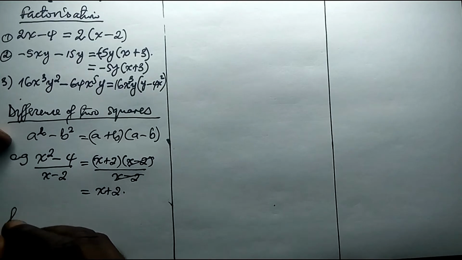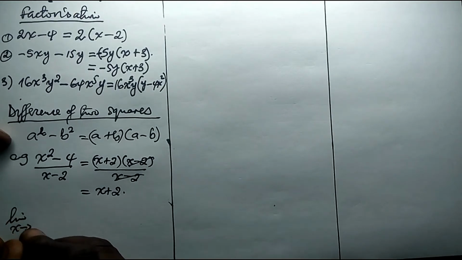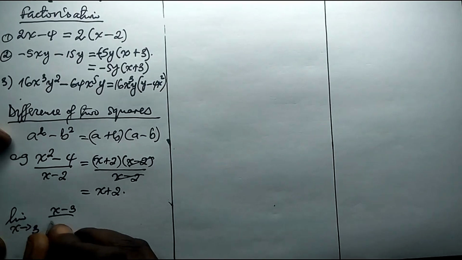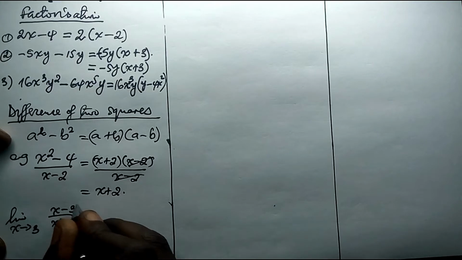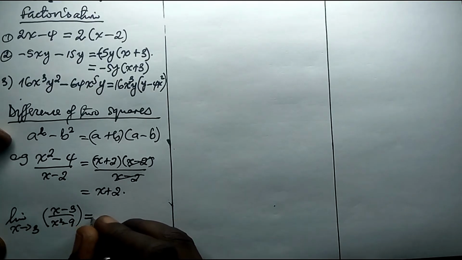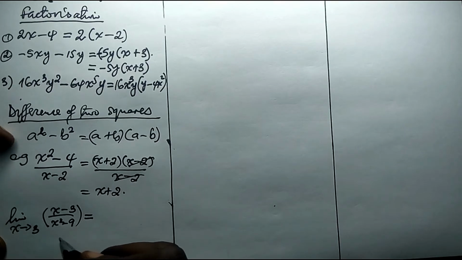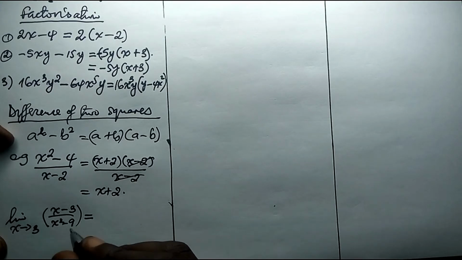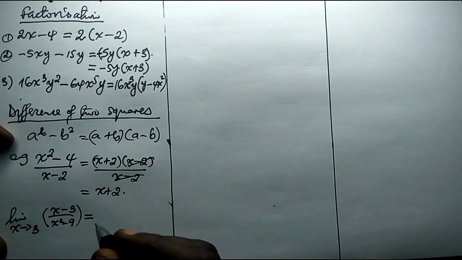I could have the limit as x tends to 3 of x minus 3 all over x squared minus 9 to simplify or to evaluate. Direct substitution leads to the indeterminate form, as you have 0 over 0. So there is a need to use some method and simplify before solving.